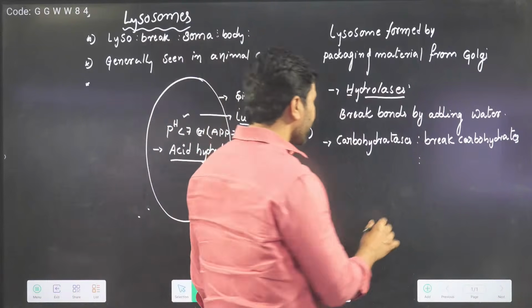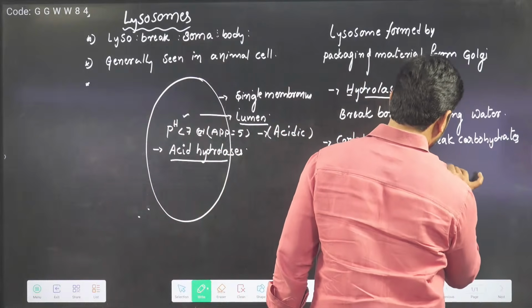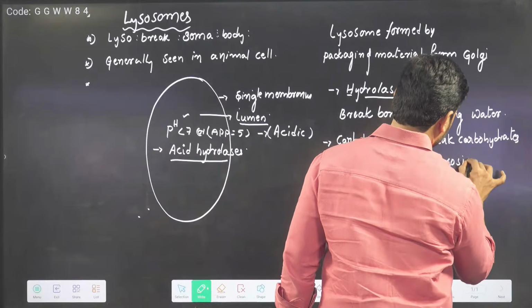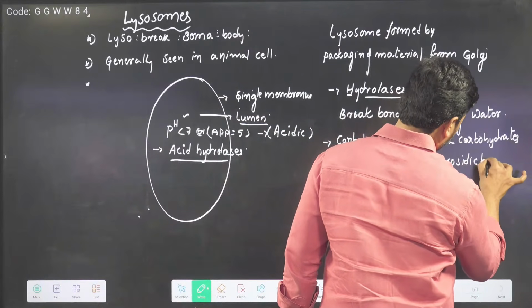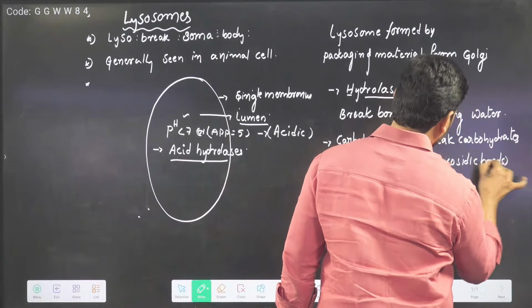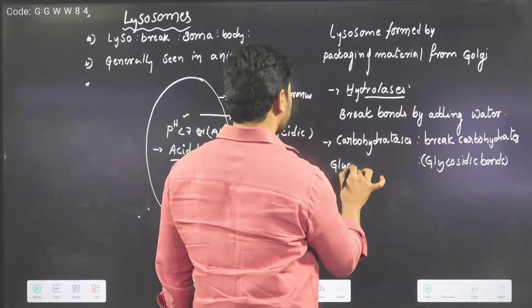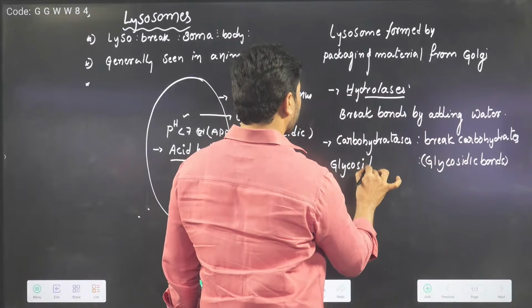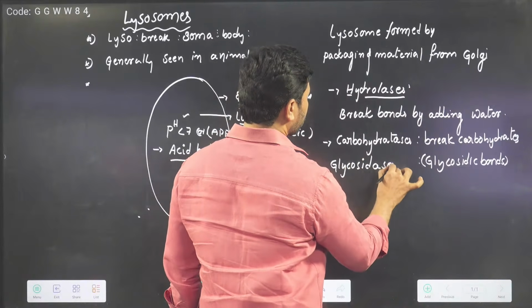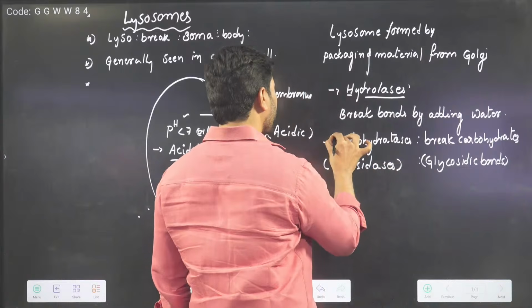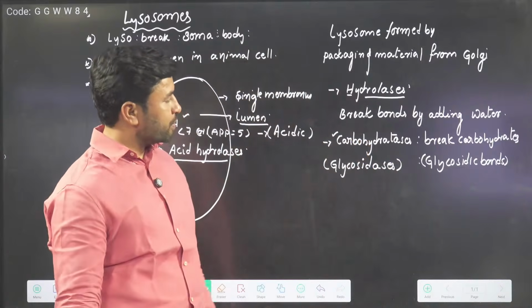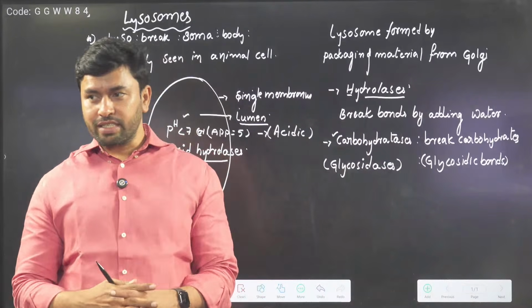That is the glycosidic bond. Am I correct? Glycosidic bond. In fact, these carbohydratases are also known as glycosidases, because they are the ones breaking carbohydrates, so they are called glycosidases.